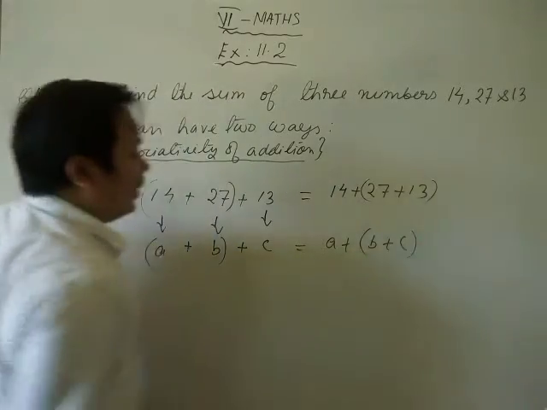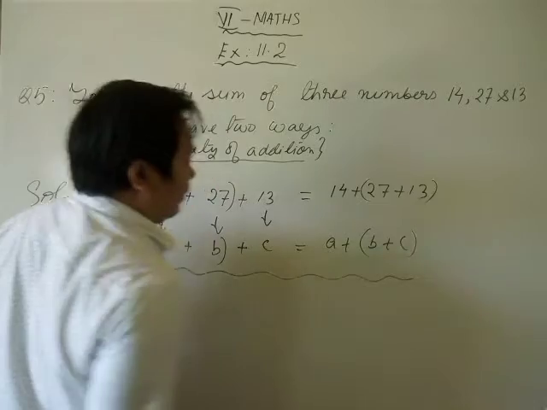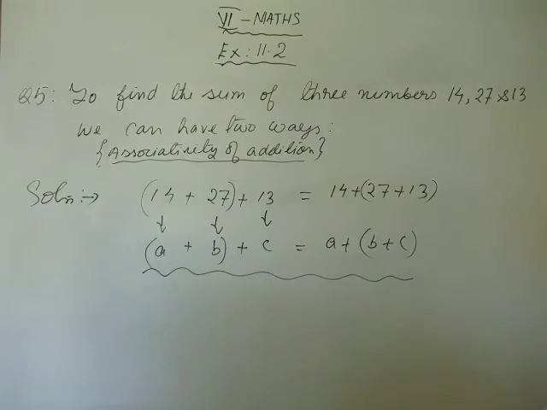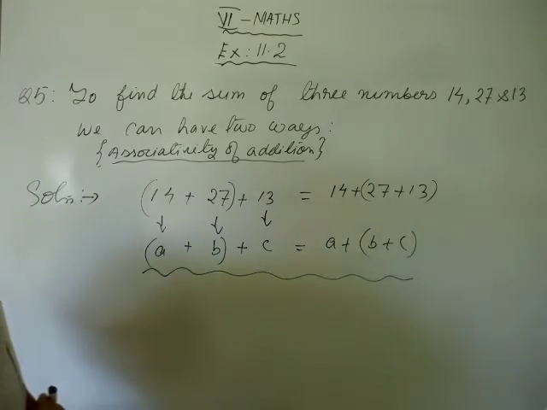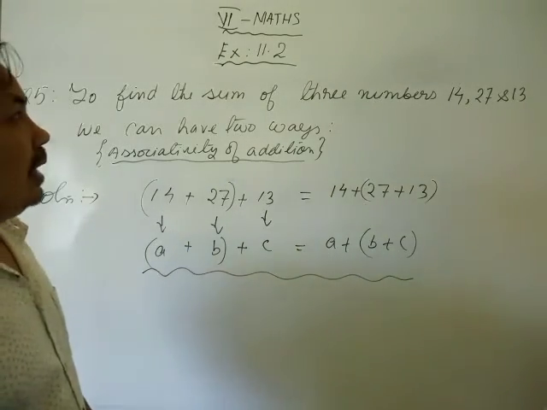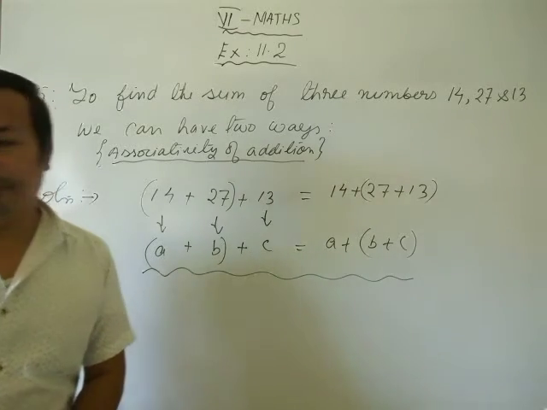So this is what is really being asked, and this is the answer for question number 5, the last question of 11.2. Now let us go to the next part of the chapter.